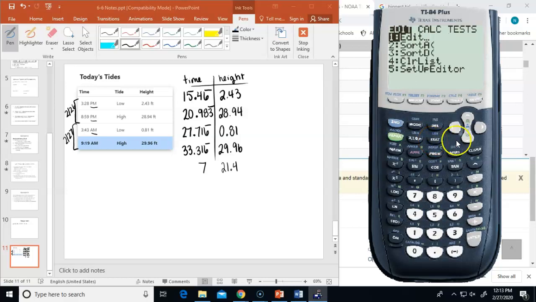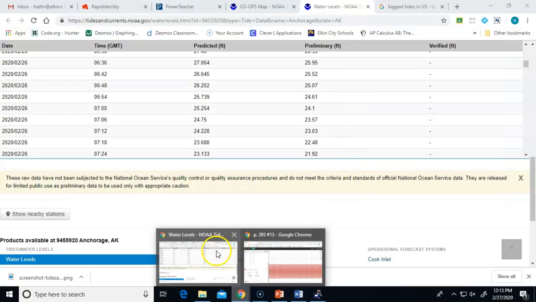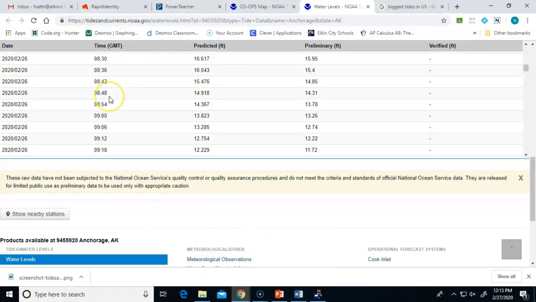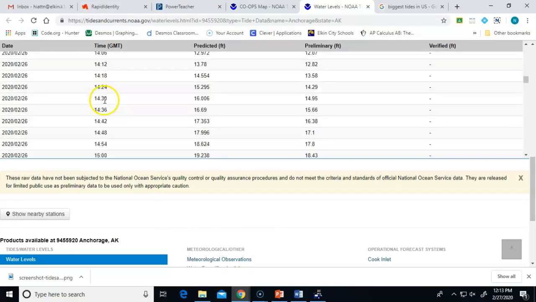And his works and mine does not. Let's try adding one more point just to see. Maybe it's possible he's got like an updated, a newer version of the calculator, and that's working better for him.